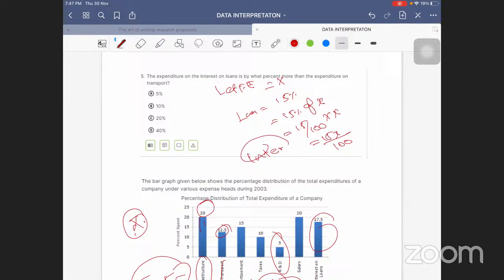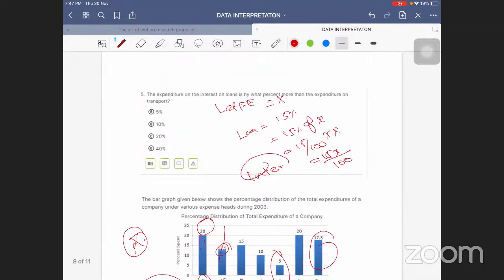So the expenditure on transport is 12.5%. So 12.5% of X, 12.5 divided by 100 of X. So the difference between the expenditures means we need to subtract.